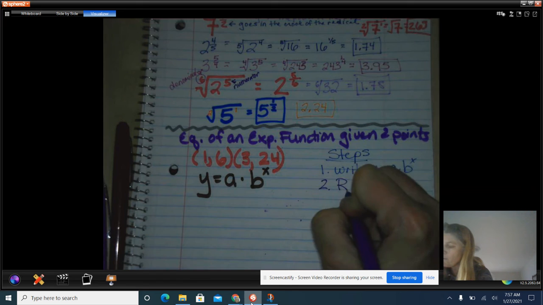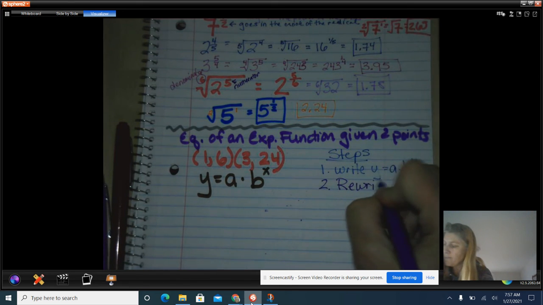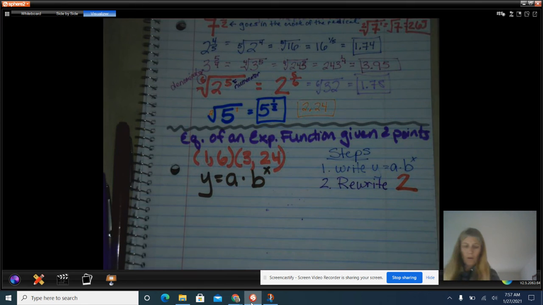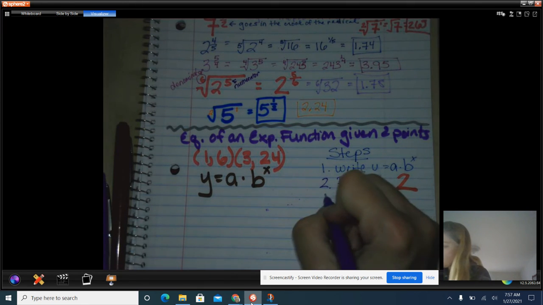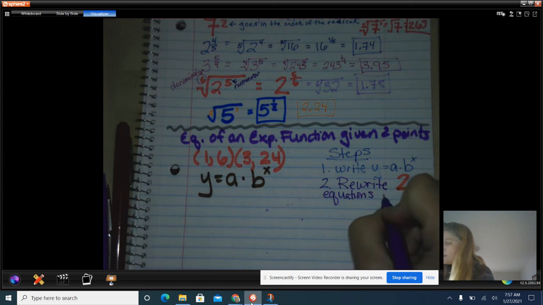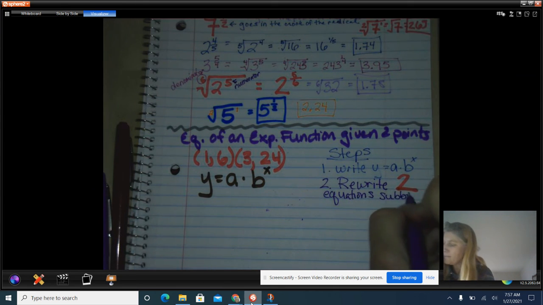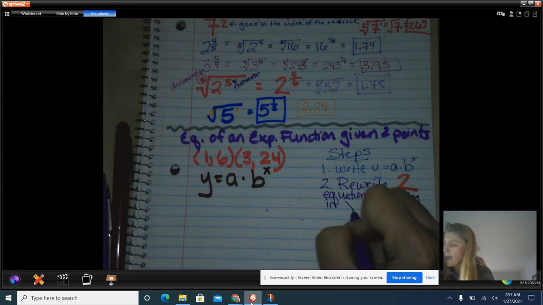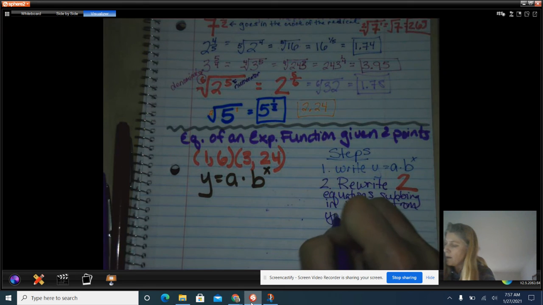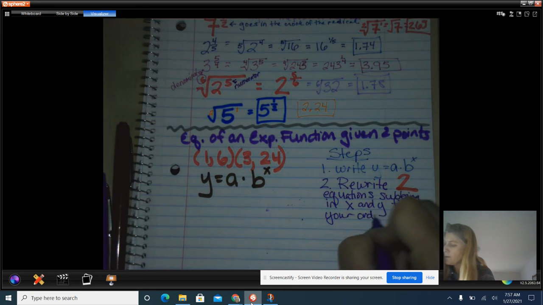Step number 2 is to rewrite two equations, subbing in x and y from your ordered pairs.